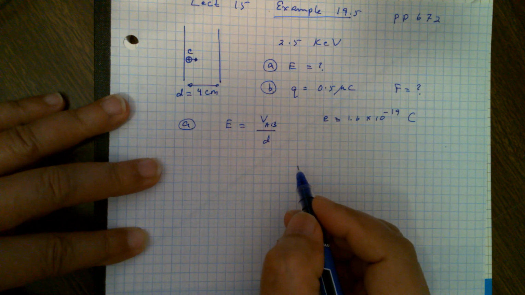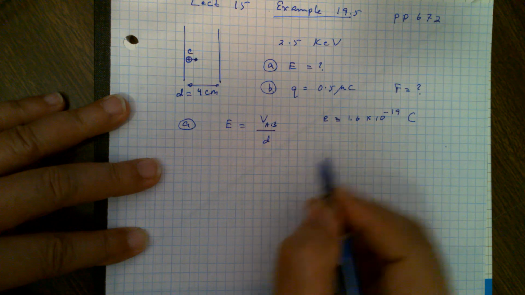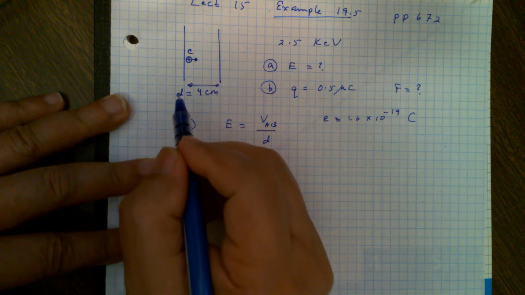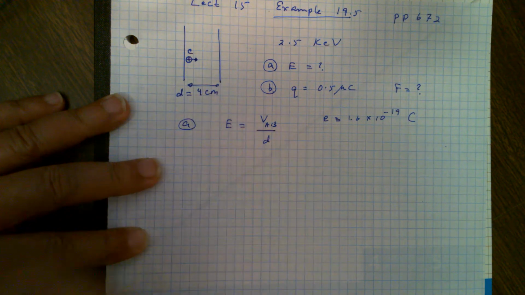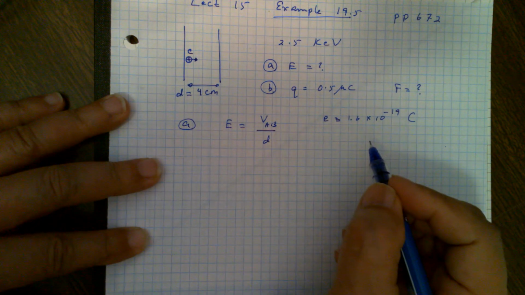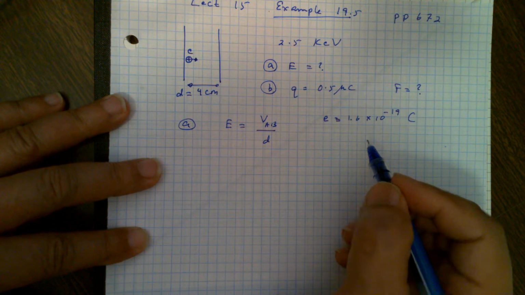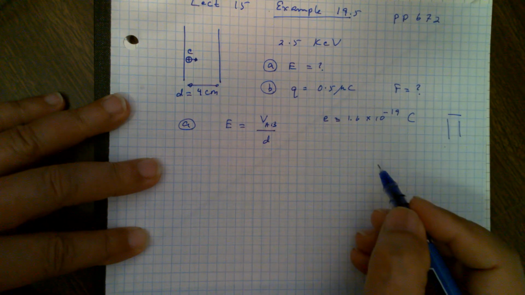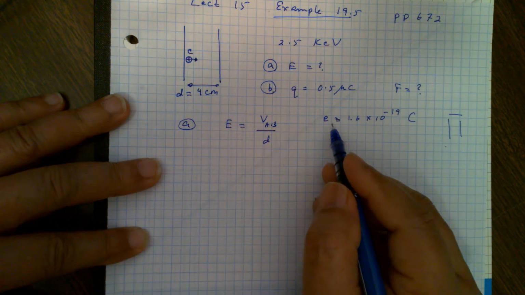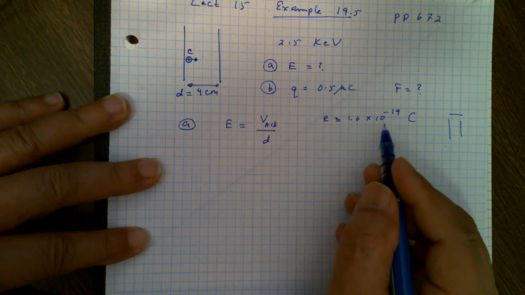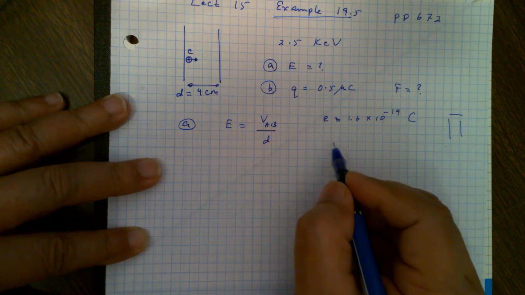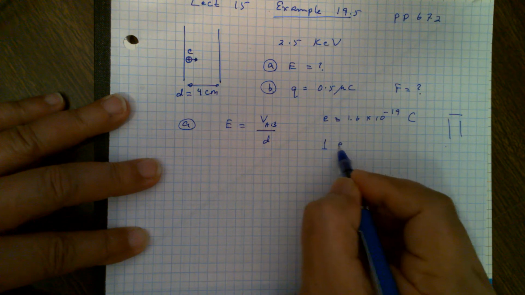And by definition, if the two plates have voltage difference 1 volt, and you move a charge of E, which is 1.6 times 10 to the minus 19 coulomb, then the energy it gets is 1 electron volt.